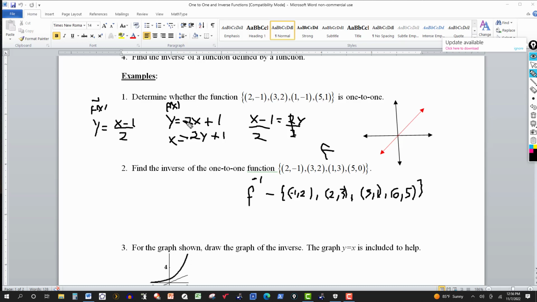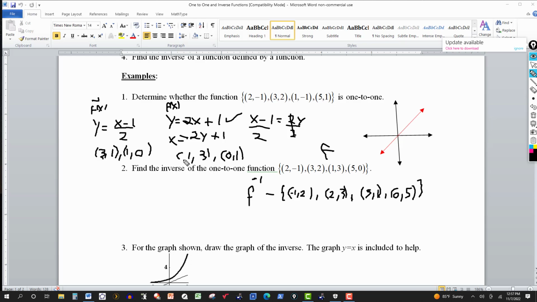So notice, if I pick x to be 1 on the original function right here, and I put 1 there, this would be a 2, and this could be a 3. I pick x to be 0. So notice, if I switch those around, 3, 1, like this, a 3, 1 over here, and a 1, 0.